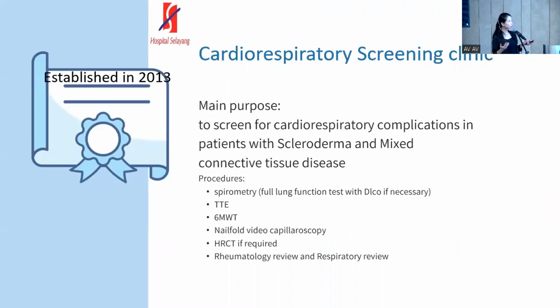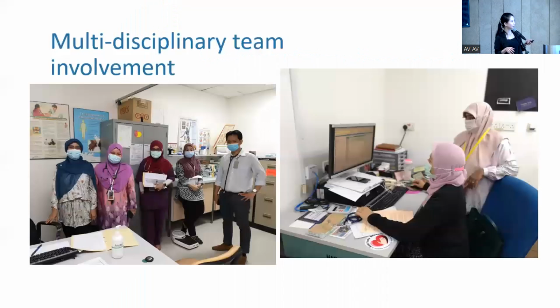We need to screen by doing various tests, including lung function tests, a 6-minute walk test, and we also do CT scans. So that's why we set up this clinic. The main purpose was to screen. And by screening, we mean that we're just going to look for it in everybody, regardless of whether or not they have symptoms.